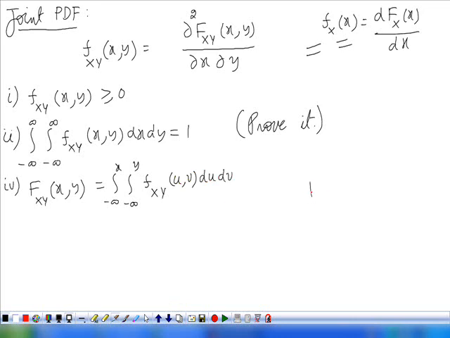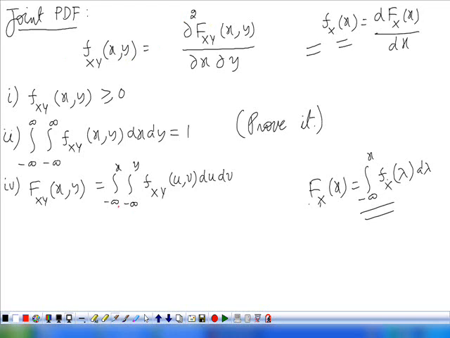We already know that fx of x is equivalent to the integral from minus infinity to x of fx of lambda d lambda. The derivative of this is this, and the integral of this is this. Integral of the probability density function is the CDF. The derivative of the CDF is the PDF. Here, the partial derivative of this is this. Definitely the double integral of this is equivalent to this. Okay, that's what we have written.